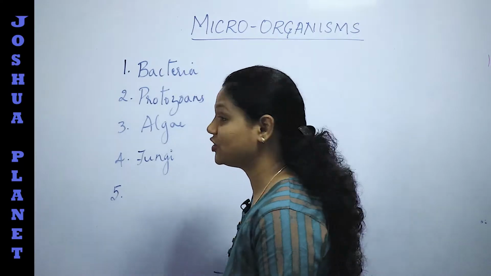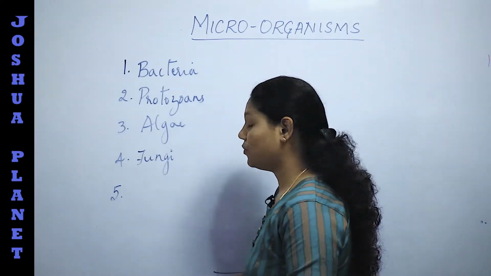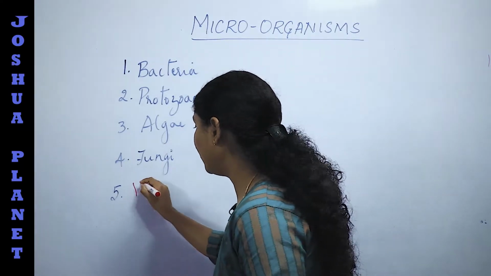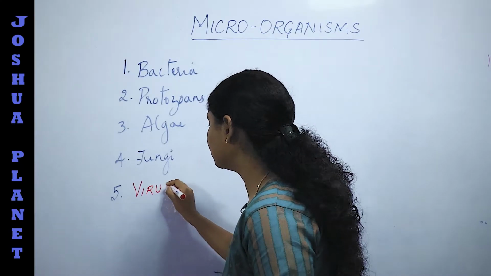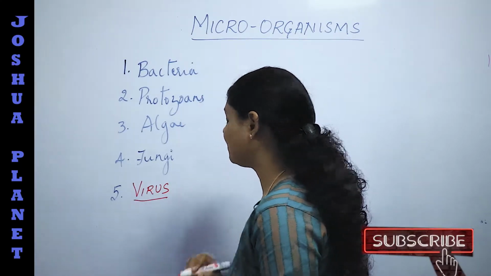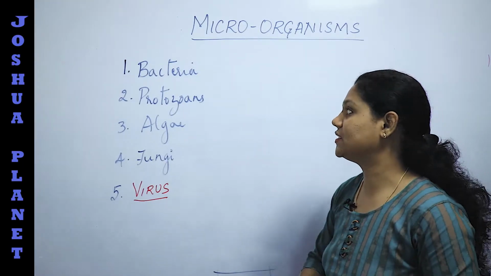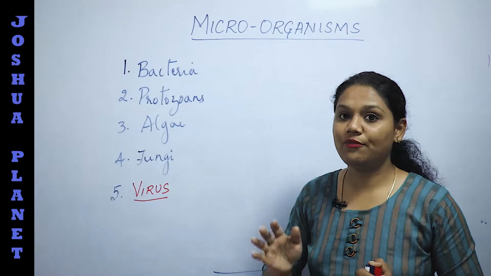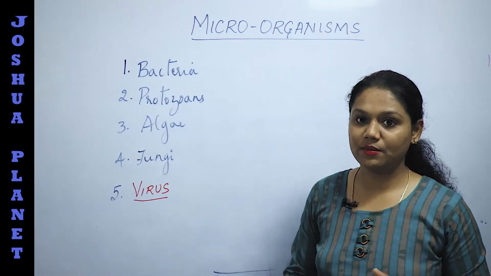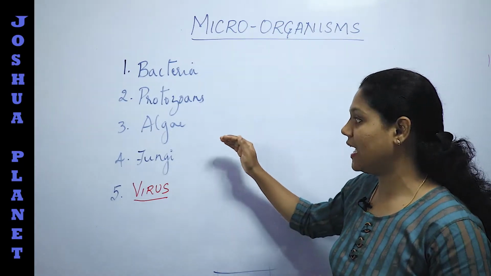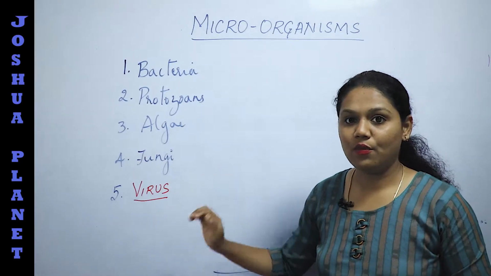Last and the special kind are the viruses. So why did I call virus a special kind? I'll tell you about that. But let us briefly sum this up. There are basically 5 categories of microorganisms: bacteria, protozoans, algae, fungi and virus.